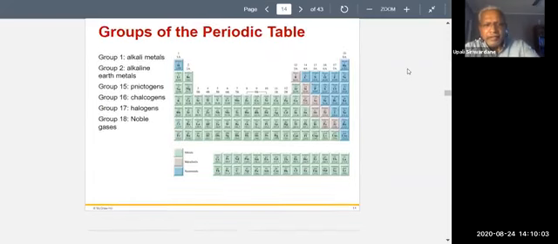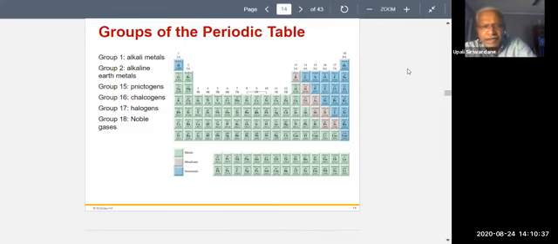Based on the groups, the first group is called alkali metals. The second group is called alkaline earth metals. Others don't have names. Groups 3 to 12, in the middle of the periodic table, are called transition elements.